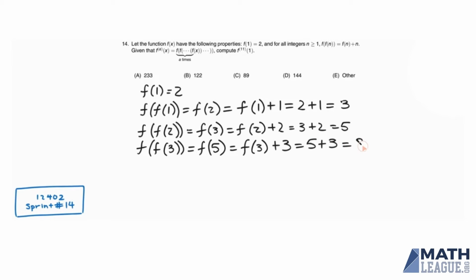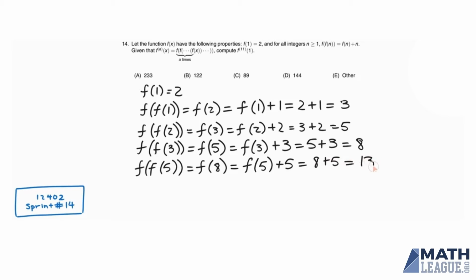So hopefully you're starting to see the pattern, but for the sake of it, I'm going to do one more. We have f of 5, which equals f of 8, which equals f of 5 plus 5, which is equal to 8 plus 5, which is equal to 13.